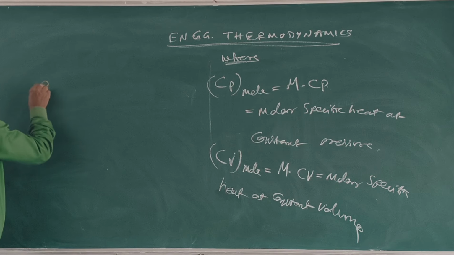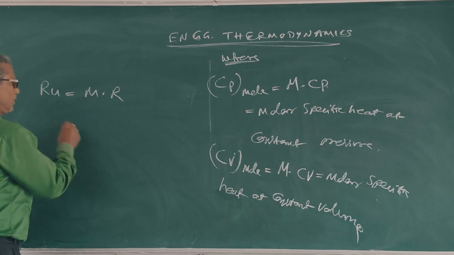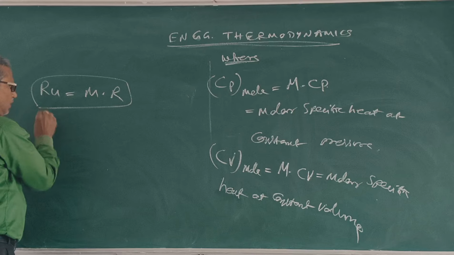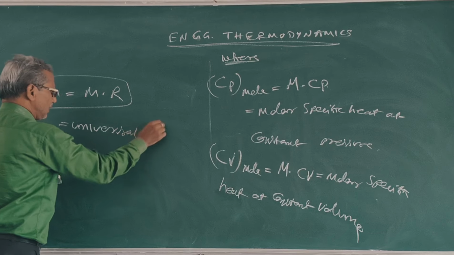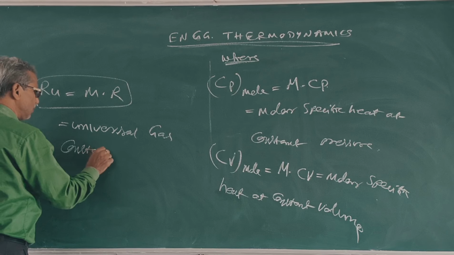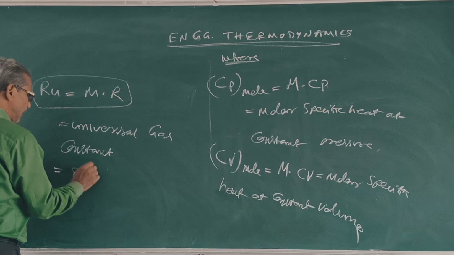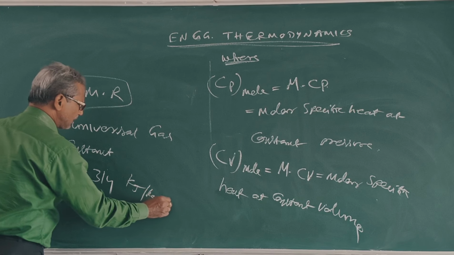What is Ru equal to? M into R. Universal gas constant. What is its value? 8.314 kilojoule per kg mole Kelvin.